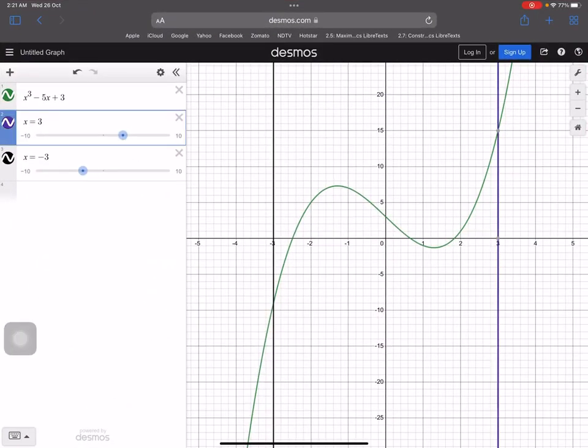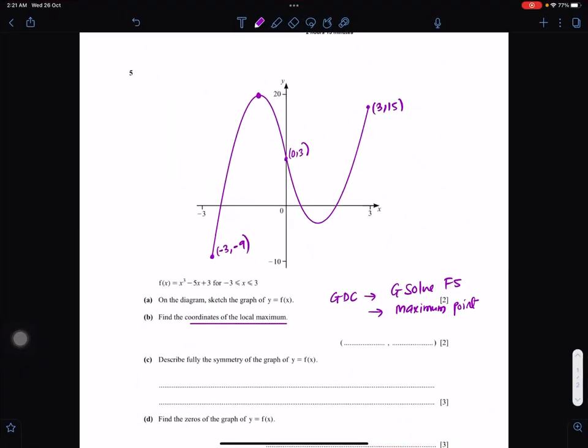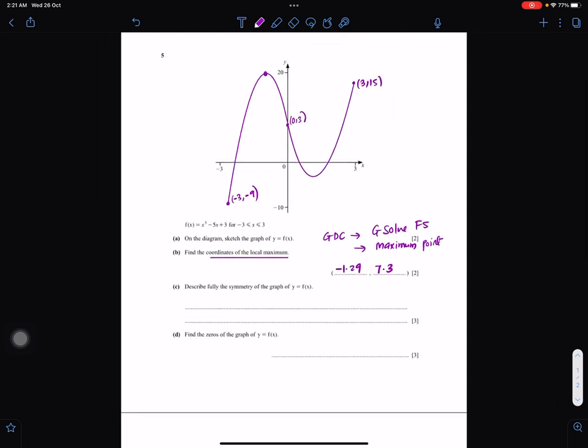I can see from the Desmos screen the maximum point is at -1.29, and 7.3 is the value. So (-1.29, 7.3) is the coordinate of the local maximum point. Also, I have taken these coordinates to 3 significant figures. Make sure that you also round off your answers to 3 significant figures.